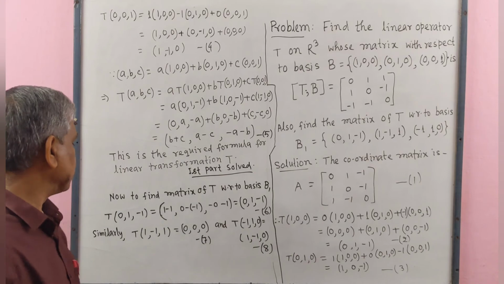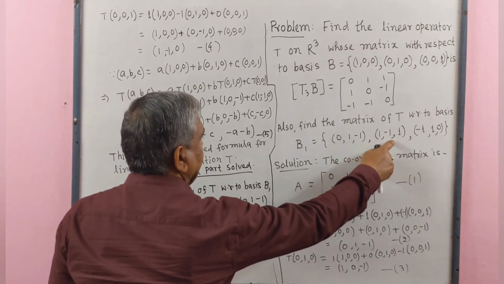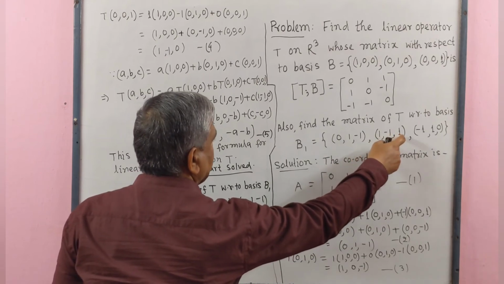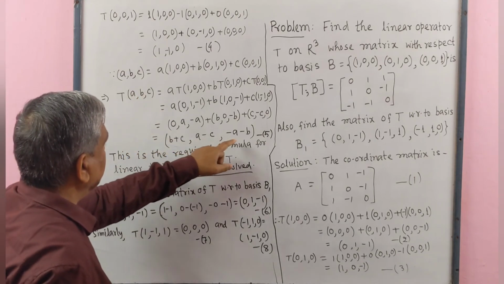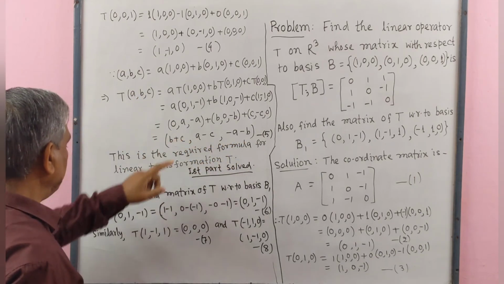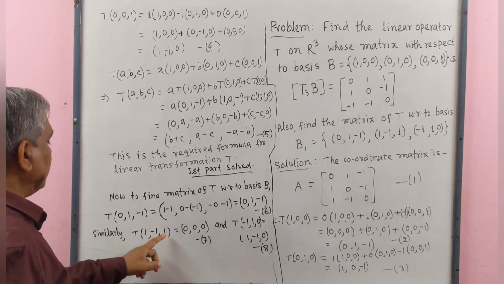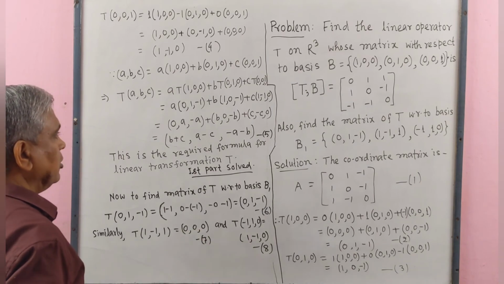This is number 6. Similarly, for the second element of B1, this is a, this is b, this is c, and we also put these on the right side, and we get T(1, -1, 1) equal to the ordered triplet (0, 0, 0).